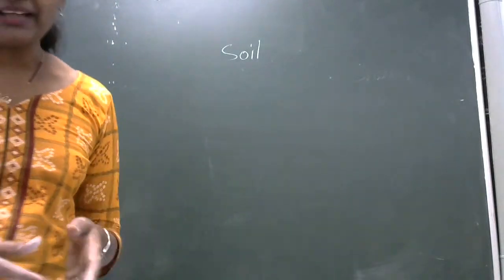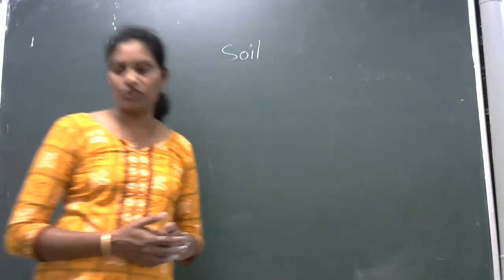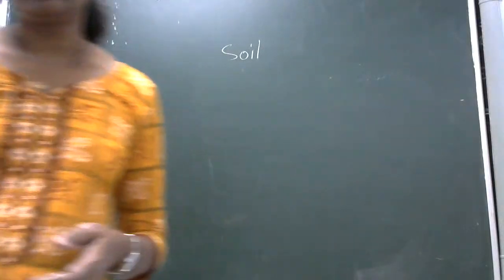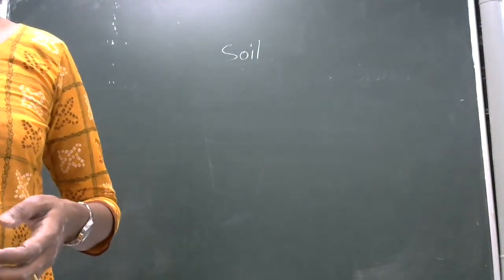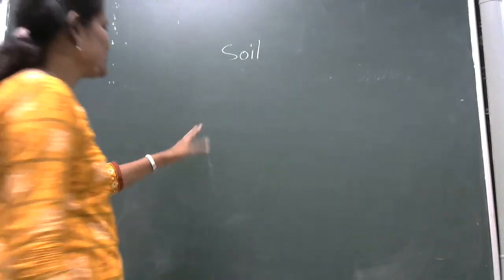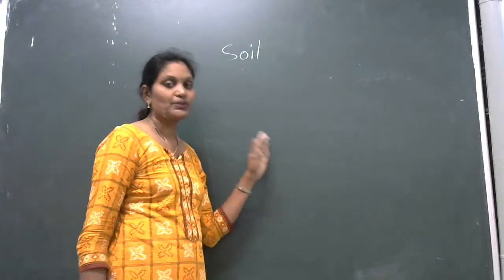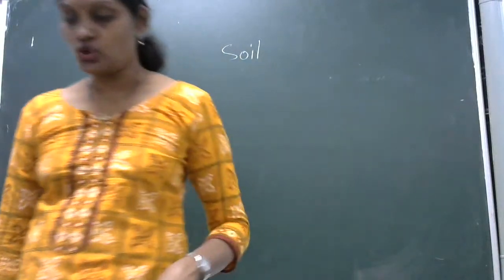So it might happen that within a few years we will get such kind of biodegradable plastic also. Okay. So this was about the soil profile. Soil profile means what are the layers of the soil.